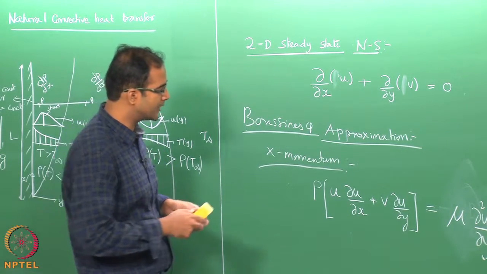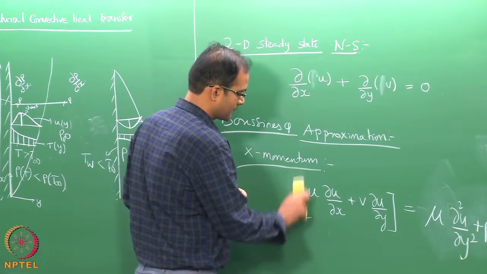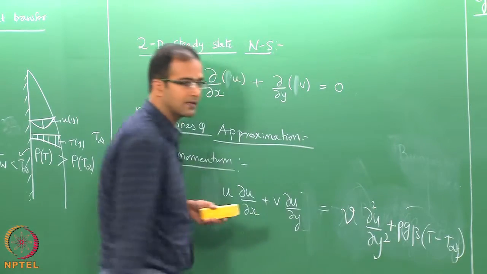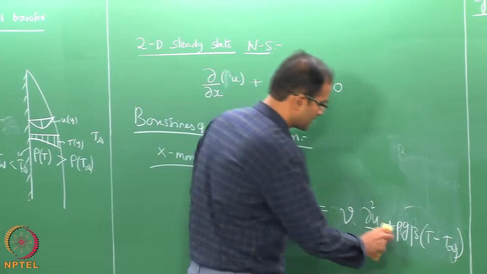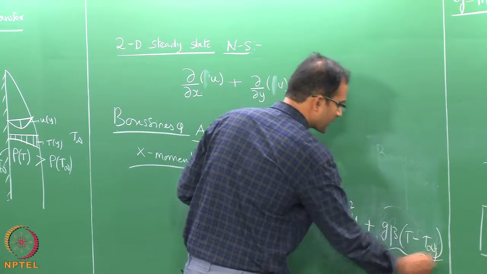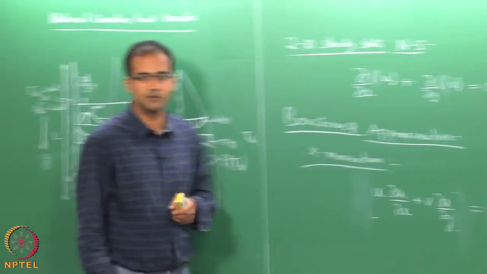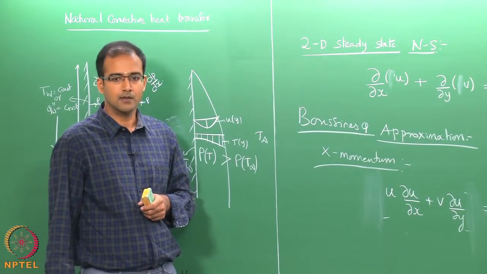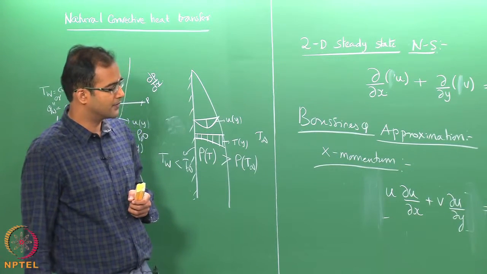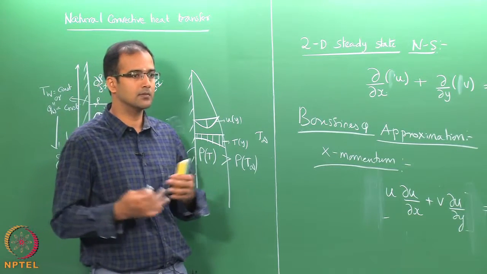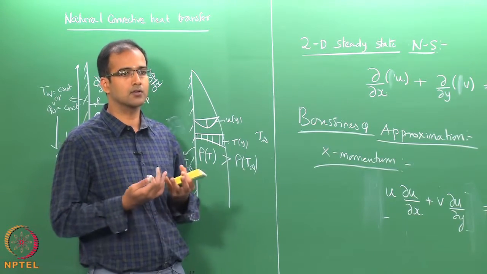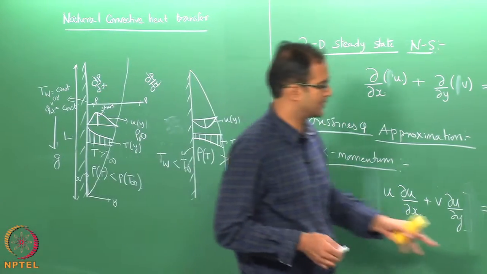So, now if you divide throughout by rho, this looks similar to your external forced convection boundary layer equation, except the last term, which is g beta into T minus T infinity, right. So, this is your buoyancy term or body force term. If your temperature difference is 0, there is no natural convection boundary layer, and therefore, the boundary layer grows because of this temperature difference.